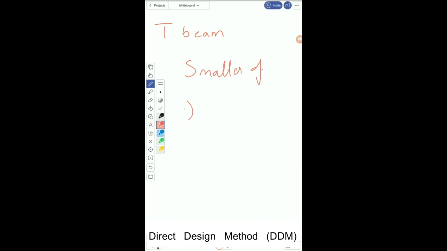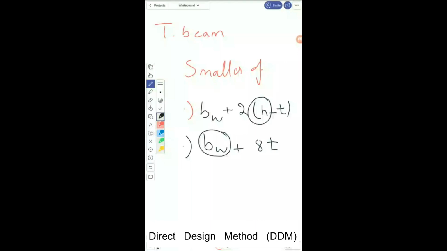First is BW plus 2 times (H minus T), and the second is BW plus 8 times T. Here BW is the width of the web, H is the overall depth of the beam including the slab thickness, and T is the slab thickness.